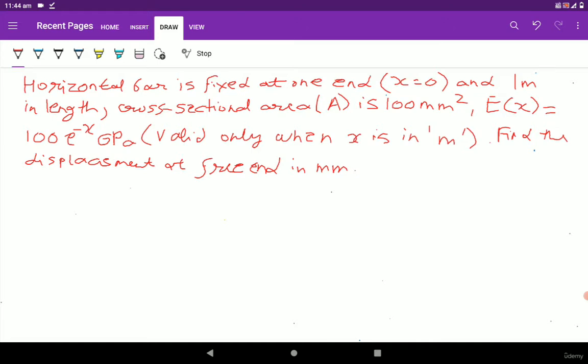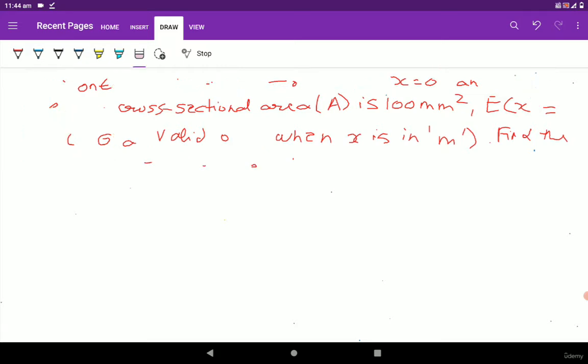So let's first visualize the schematic diagram of this given question.